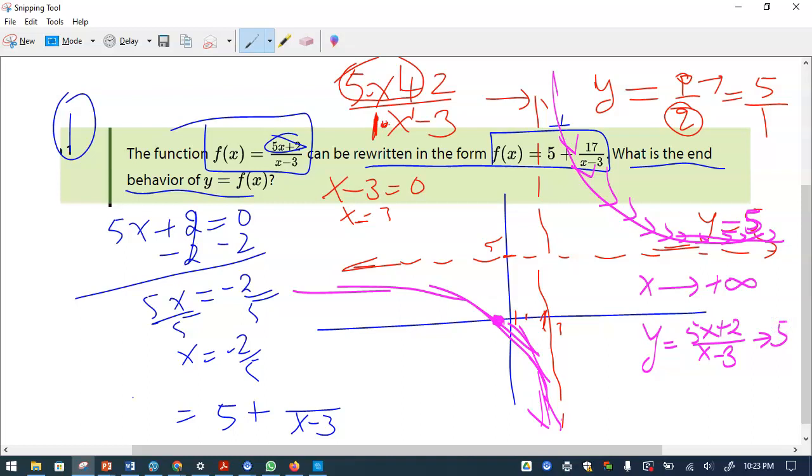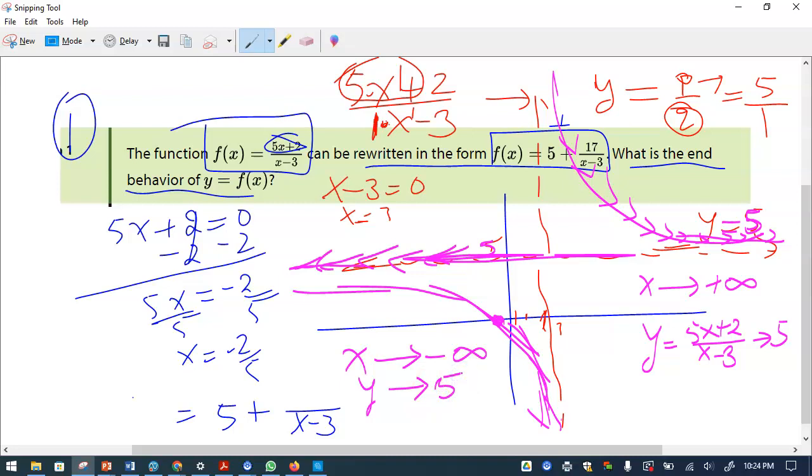That's what you're supposed to write. And on the left side, even if x approaches a very large negative value, the y value will approach the same 5. So we say y equals 5.